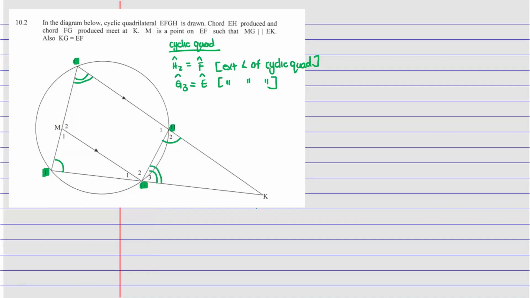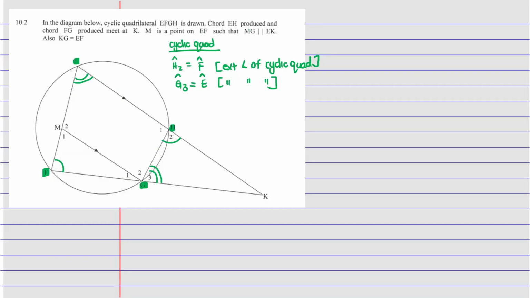They tell us we have a chord EH, and another chord FG, produced to meet at K. So those two chords extend to meet at K. They also tell us that M is a point on EF.